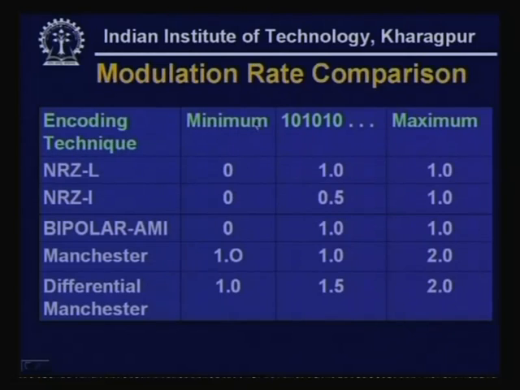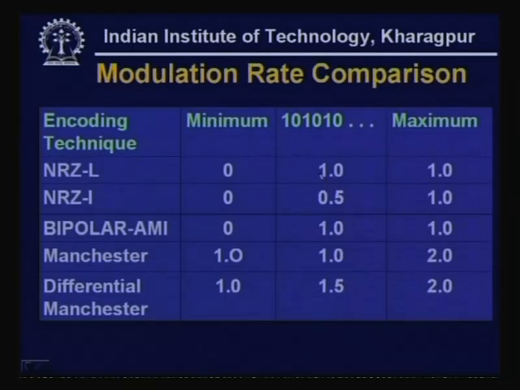So, this is the modulation rate. The minimum modulation rate for NRZ-L, NRZ-I and bipolar AMI is 0, because for some values the signal does not change at all for zeros and ones. So, it is 0 for alternating ones and zeros.